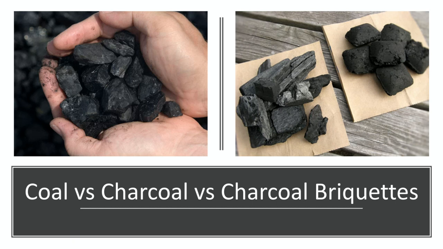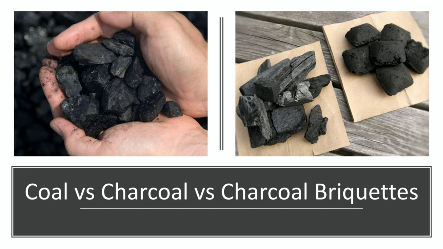All right. We need to discuss the difference between coal, charcoal, and charcoal briquettes. You do not cook with coal. Charcoal is not a rock. So let's get this sorted out. Coal is compacted plant matter and is a rock. All right. Coal is a rock.